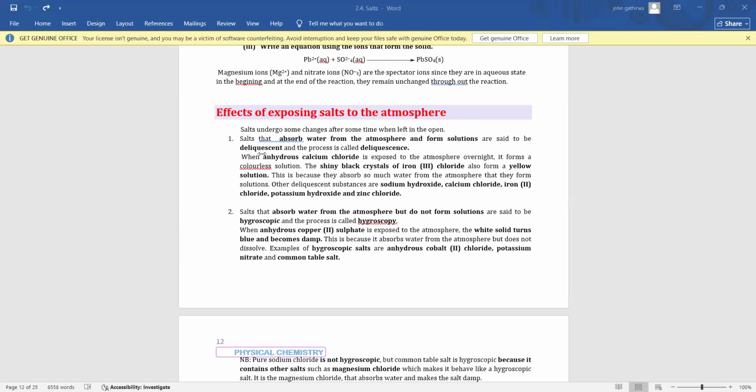Once you are done, you can raise up your hands. The first one was on lead. We are starting with lead metal to make lead nitrate. The other one, we are starting with copper to end up with copper 2 sulfate.